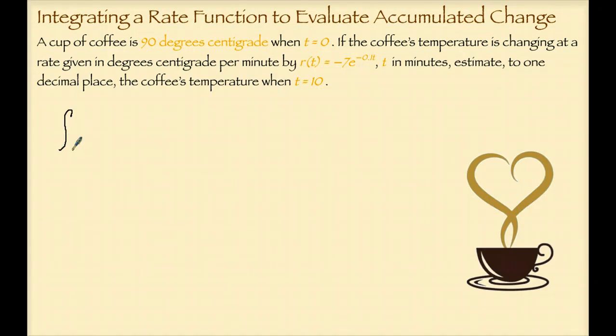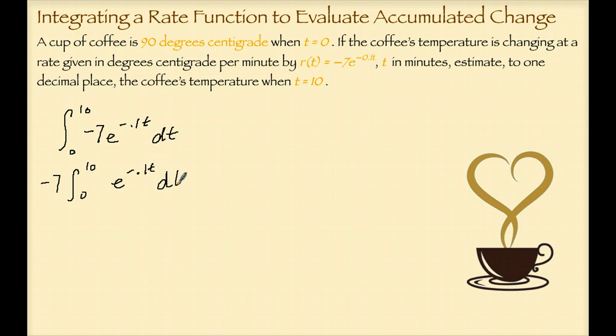We'll have the endpoints of integration from 0 to 10. And of course, our rate function is the integrand, -7e to the -0.1 t dt. I'll take the -7 outside the integral, and since my u here is -0.1 t, then my du will be -0.1. I'll need to insert that in the integrand and divide the constant outside by -0.1.